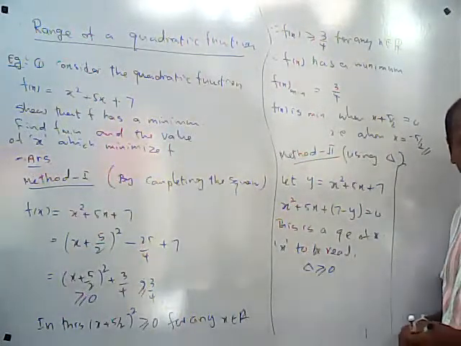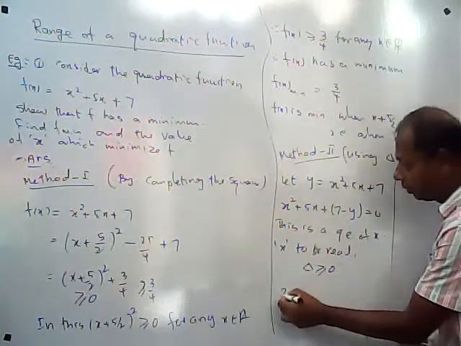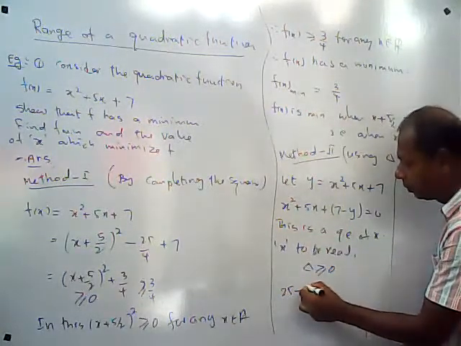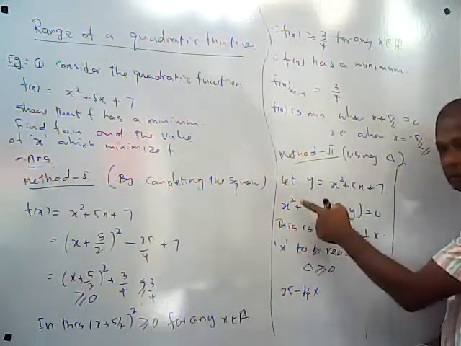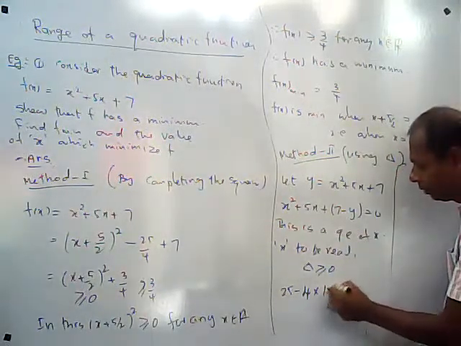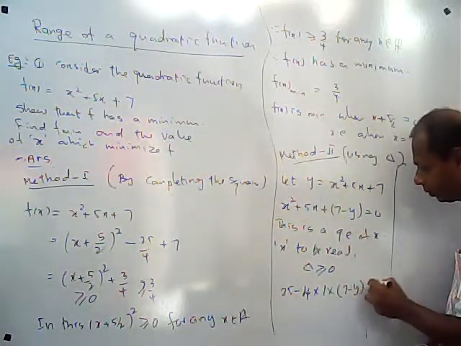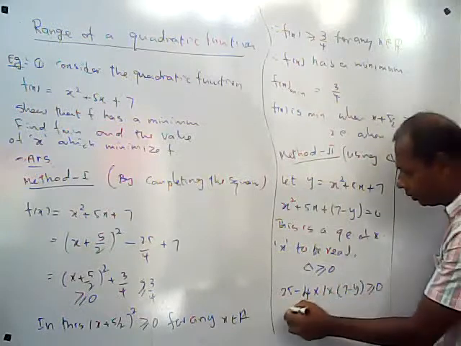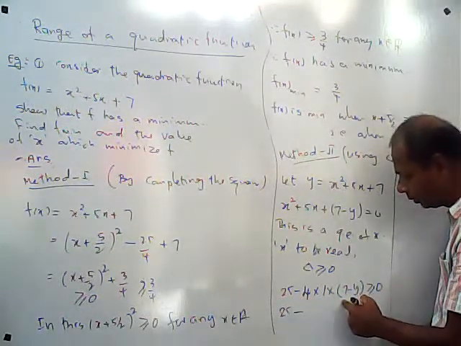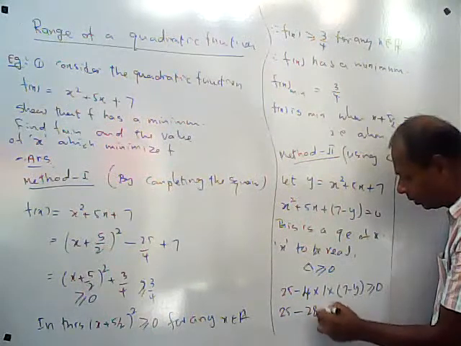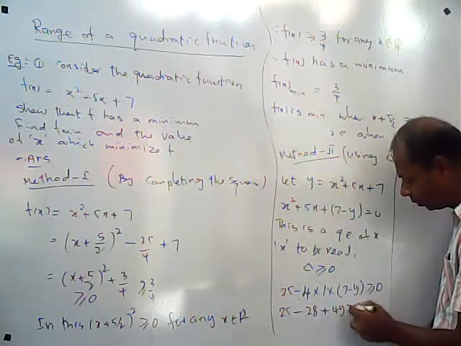Delta is b squared minus 4ac. 25 minus 4 into a, a is 1, c is 7 minus y, greater than or equal to 0. Expand it. 25 minus 28 plus 4y greater than or equal to 0.